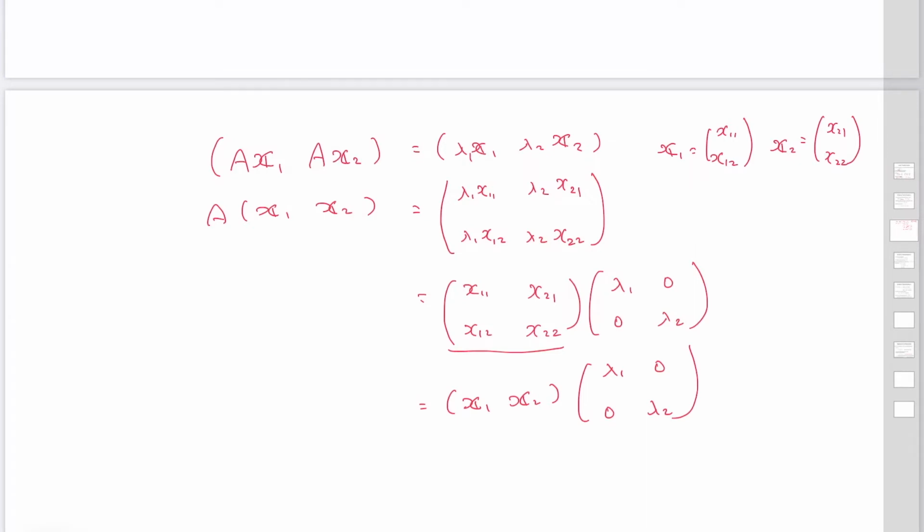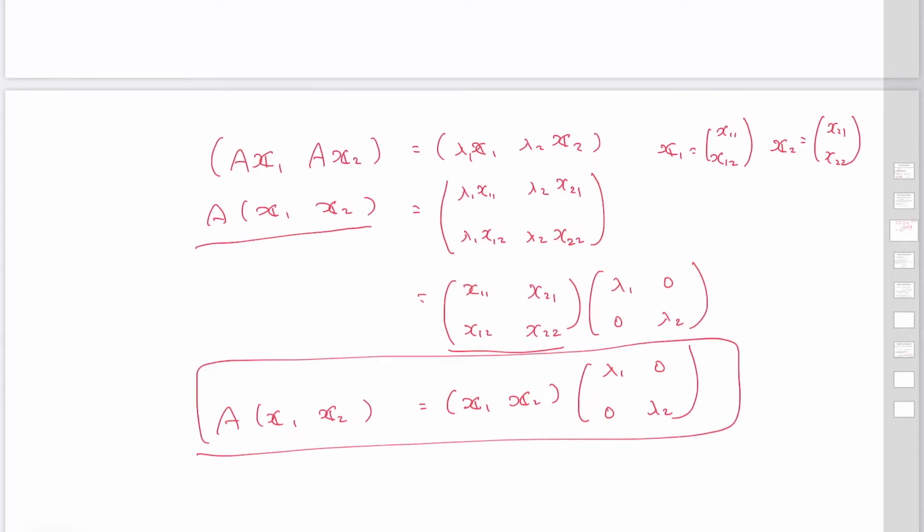So we have A times (x sub 1, x sub 2) equal to (x sub 1, x sub 2) times the diagonal matrix.